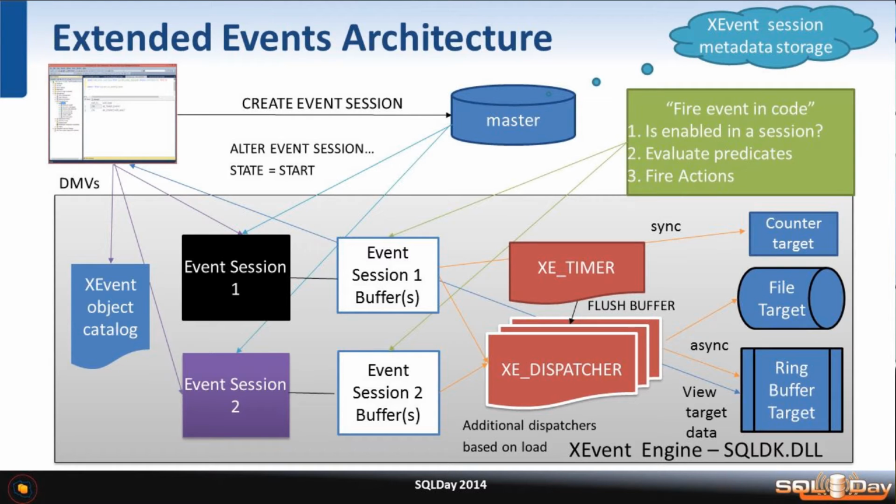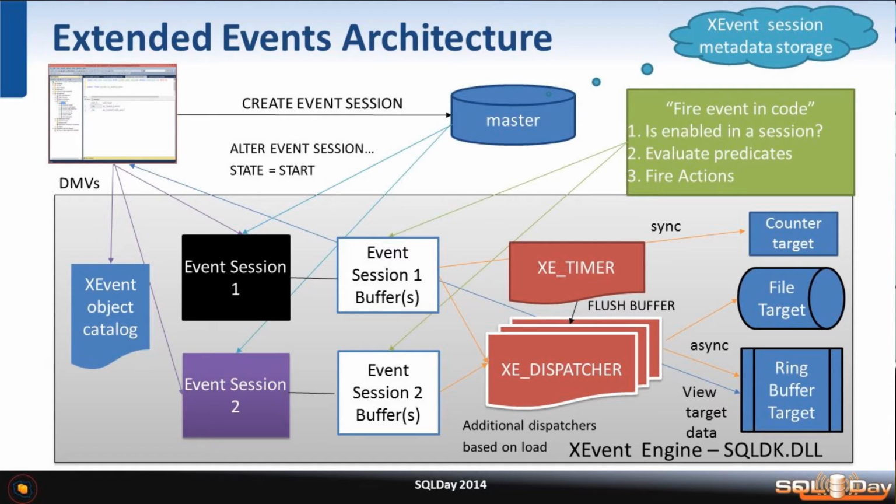Well, what about the architecture of what we did? How did we build this thing? The SQL OS team built it, and the core guts, the core architecture of extended events, exist in the Xevent engine, which is in SQLDK.dll. So what you're looking at right here is a couple of pieces of either data or code in Xevent that make this powerful.